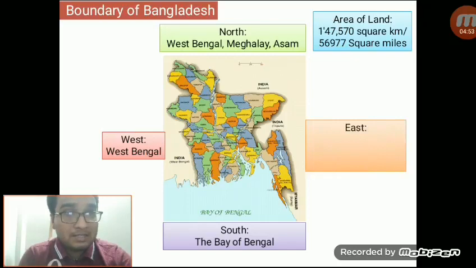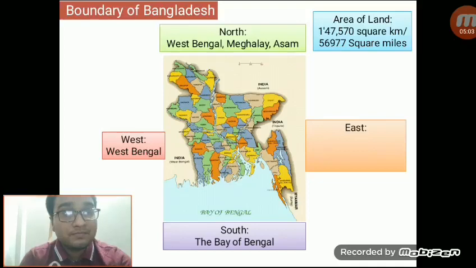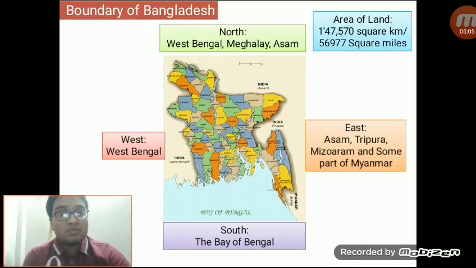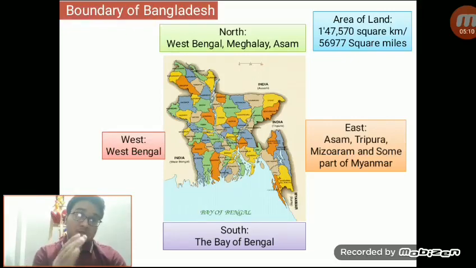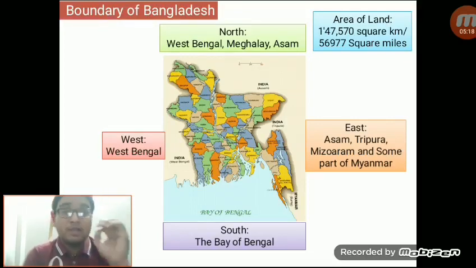Then in east, basically three states of India are situated in east side of Bangladesh, and also Myanmar is connected with our country in east. So Assam, Tripura, Mizoram, these are the names of three states which are connected with our country in east, and some parts of Myanmar are connected with our country in east.